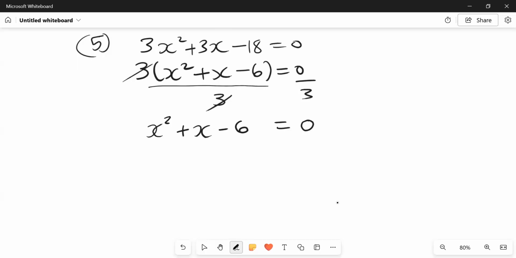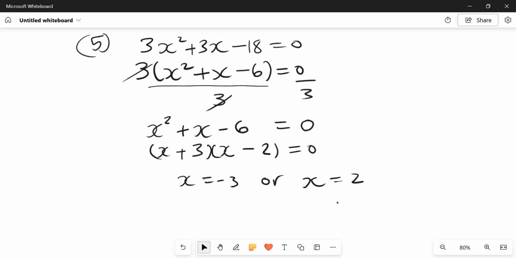So you have your x and your x. That's 3 and 2 plus and minus. Now x is equal to -3 or x is equal to 2. Then we're done. That was example 5.